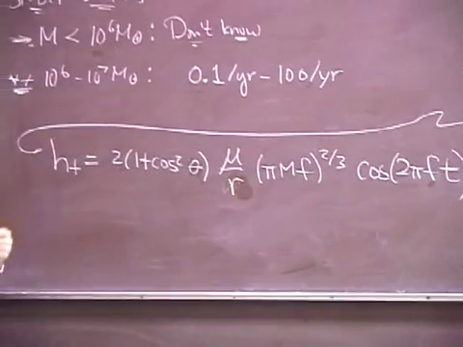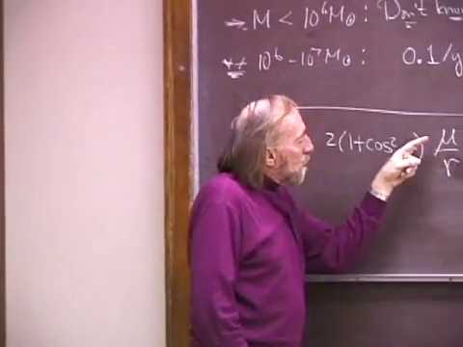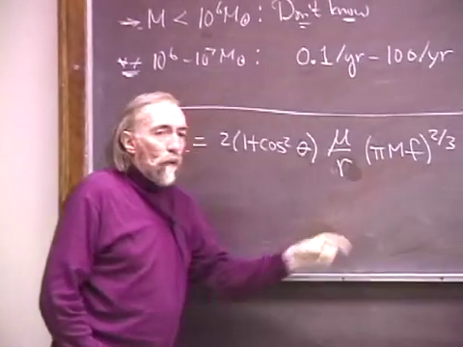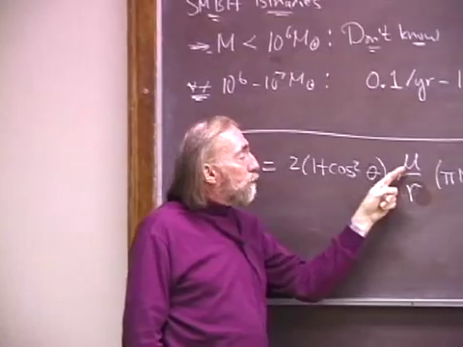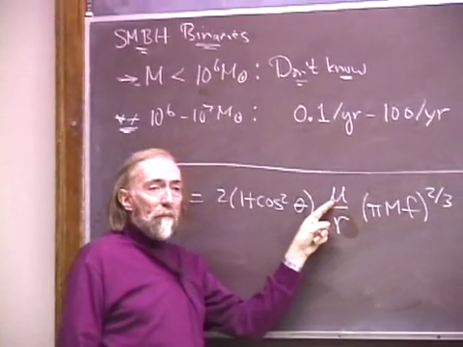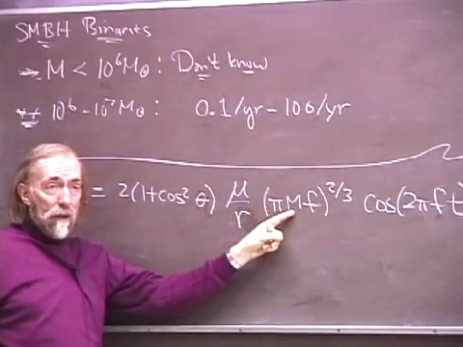It's chirping, we say, as the frequency rises as a result of in-spiral. So mu was the reduced mass, and m was the total mass. In the case of equal mass binaries, mu would be 1/4 of the mass of an individual black hole, and m would be twice the mass of an individual black hole.